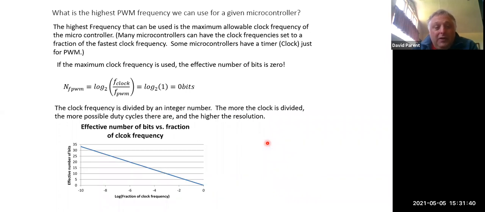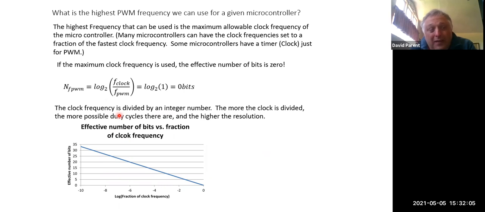So if we're going to make a pulse width modulated DAC, what's the highest pulse width modulated frequency we can use? That's whatever the clock frequency is of the chip. Now, in this case, you've got to be able to divide up the clock of the chip into values.